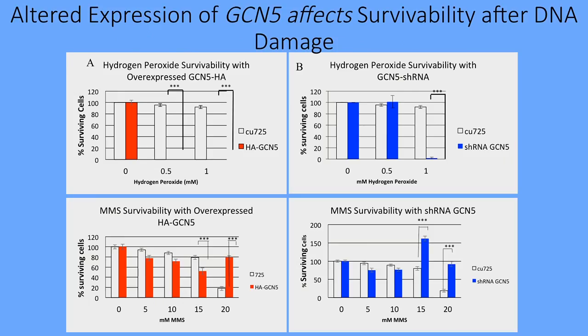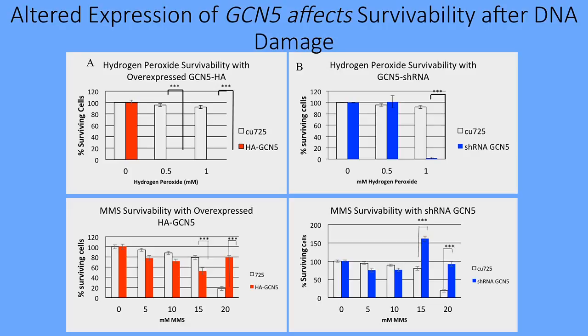So after this, that didn't tell us too much, so we needed to make some knockouts and then some overexpressing strains. And for GCN5, anytime you see the red, that means overexpression. The blues are knockdowns with an shRNA construct, so that we can keep oriented.